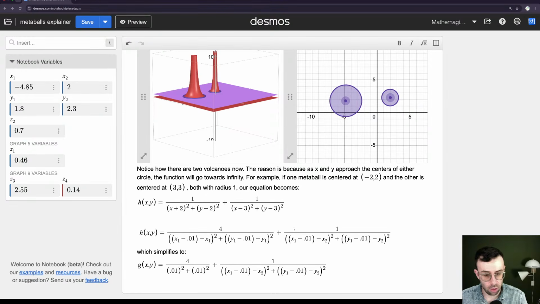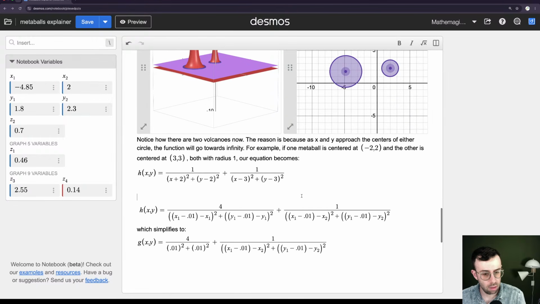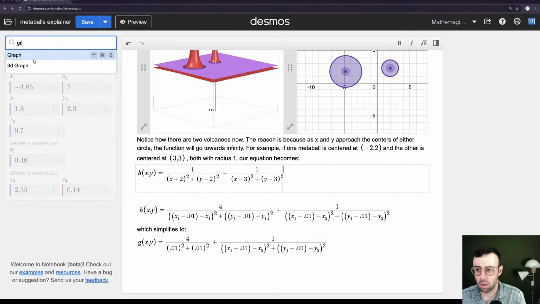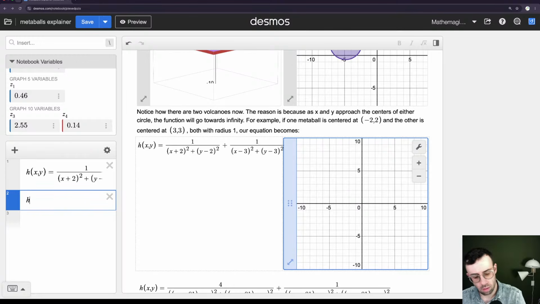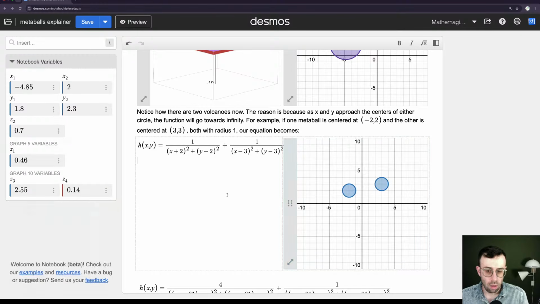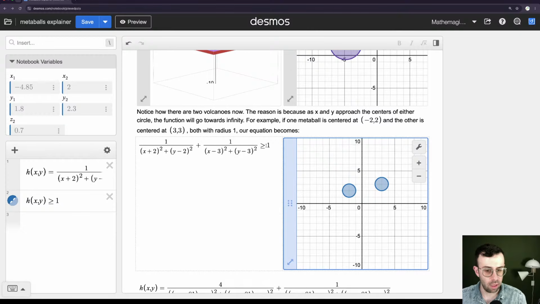And then maybe I'll show the graph each time, which is nice. Okay. I should show it in 2D and 3D.